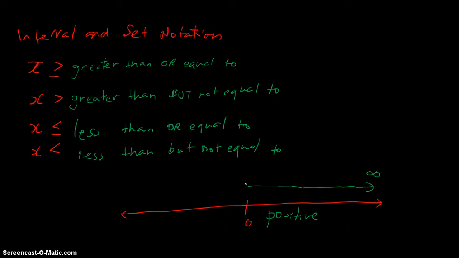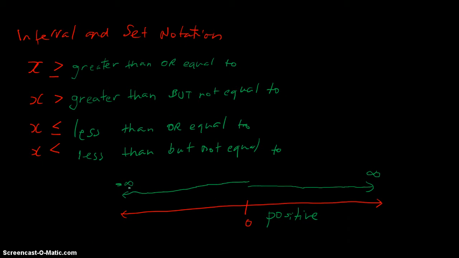Likewise, if we want to find a number that is so small that it passes numbers such as -10, -100, -1,000, -1 billion, it eventually approaches a number which is defined as negative infinity.